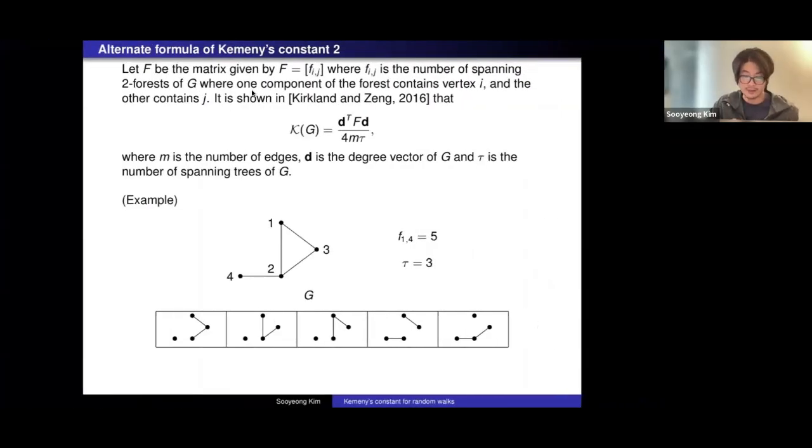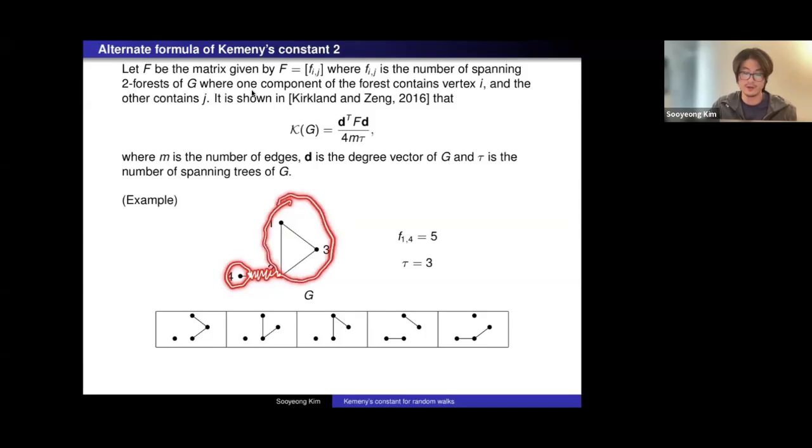So we have a four-vertex graph, and since this is a unicyclic graph, it has a cycle of length 3. That's why we have three spanning trees. And then here, in order to find this entry, we have to separate two vertices, 1 and 4. So you want to cut this part to separate them. Then we have this isolated vertex and this 3-cycle.